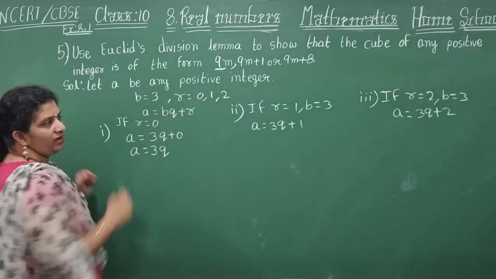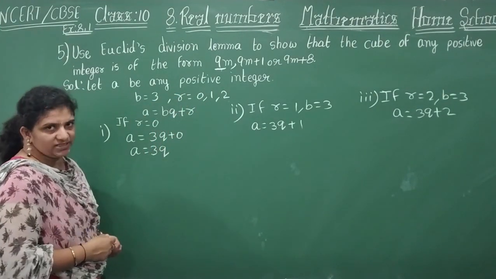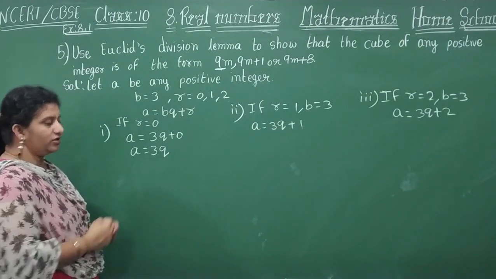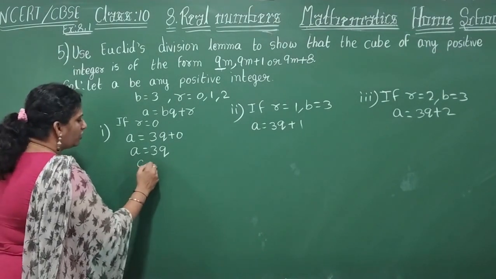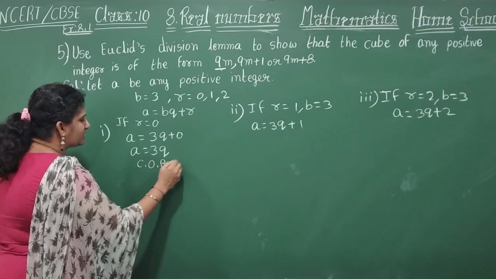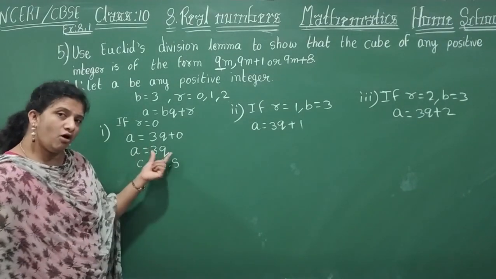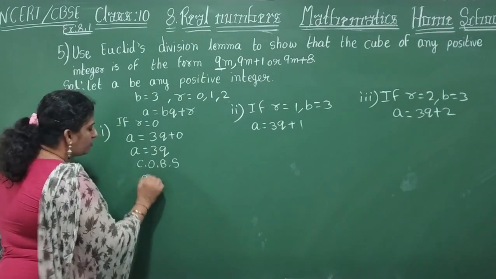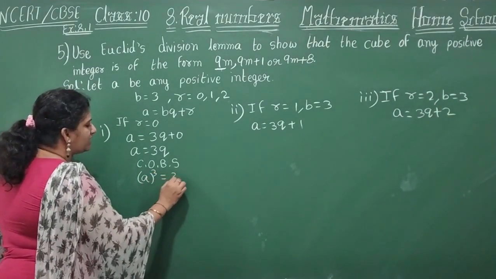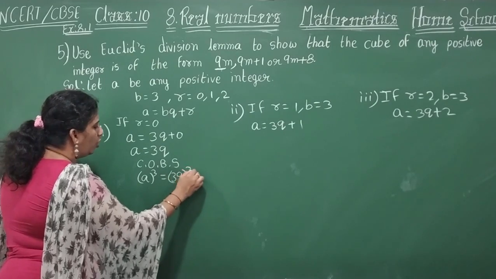Okay, look there, cube of any positive integer. Here is a positive integer. So, cubing on both sides. Let's cube here. a cube is equal to 3q whole cube.